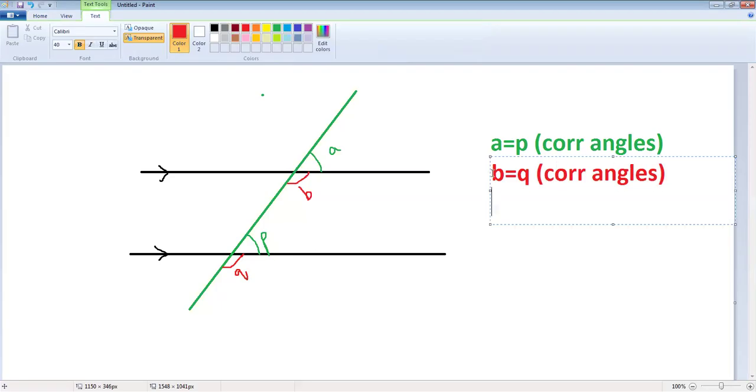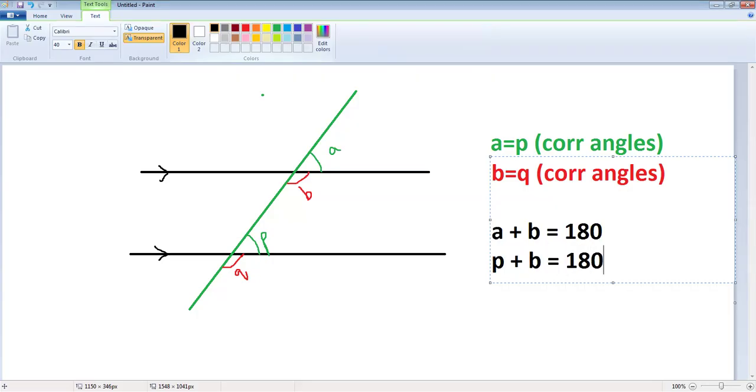Okay, now, can I say that A plus B is 180? Yes. And in place of A, can I write P? Yes, because they are same. Very good, because they are equal. And this property is what is called interior angles.